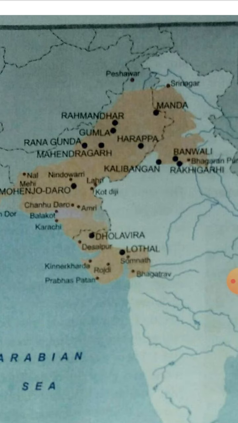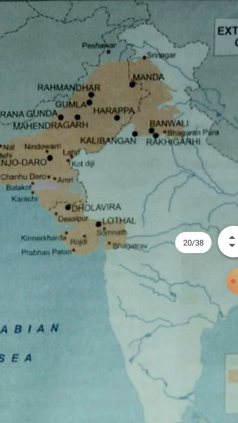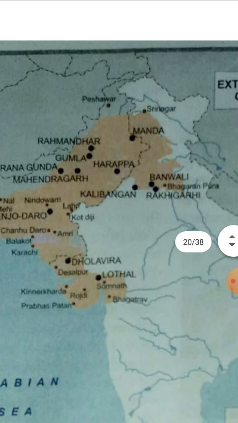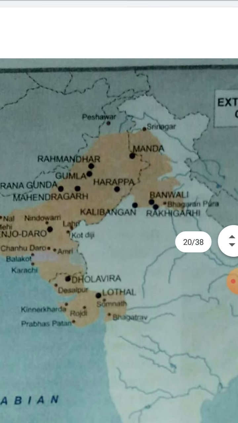Which are the parts that were in the Indus Valley civilization? This is the extent, the area which the Indus Valley civilization covered. You can see here the Gujarat part was part of the Indus Valley civilization. Then we had a little bit of a part where Lothal is. This part is also part of the Indus Valley civilization. Then you can see Banwali, Manda.